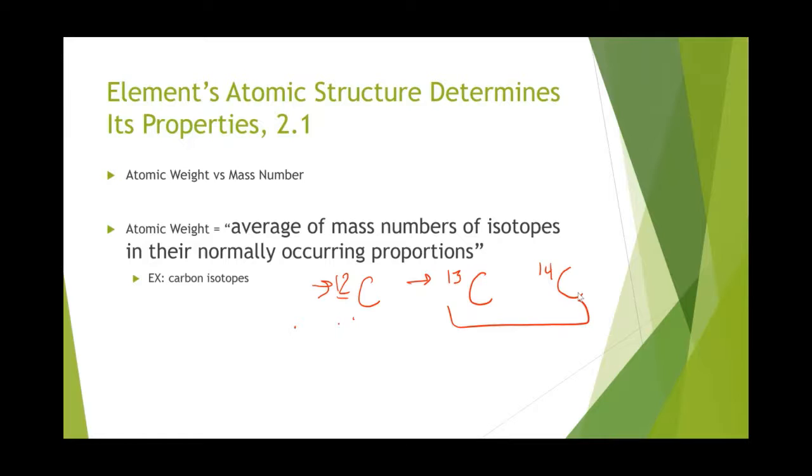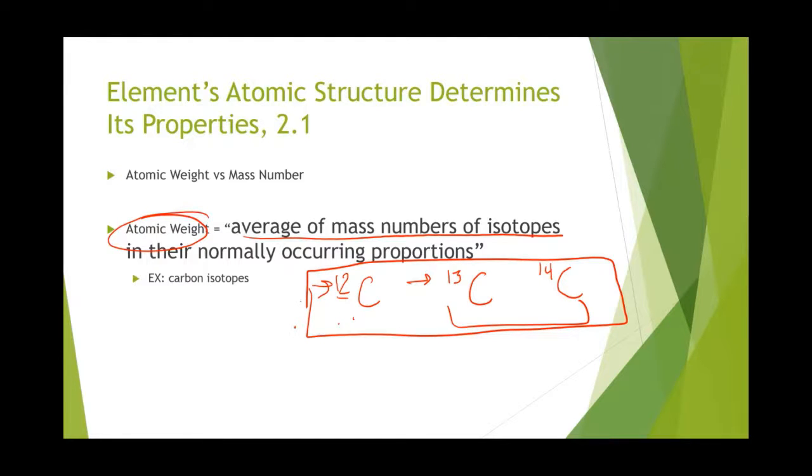But the whole idea here is that the atomic weight is taking the average mass number of all isotopes. It has to take all of these isotopes into consideration in order to get that value. So if you have this occurring 98% of the time, and you have this occurring like 1.1% of the time, and this one's like less than that, right?